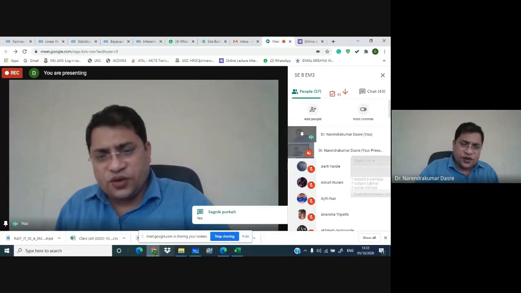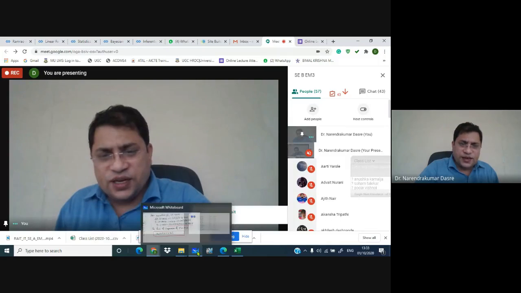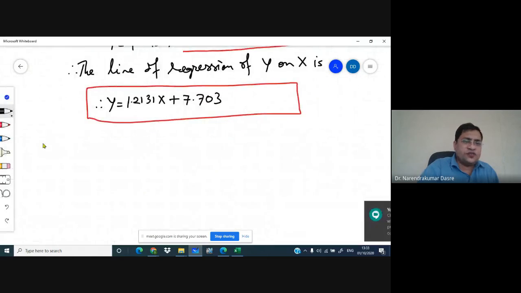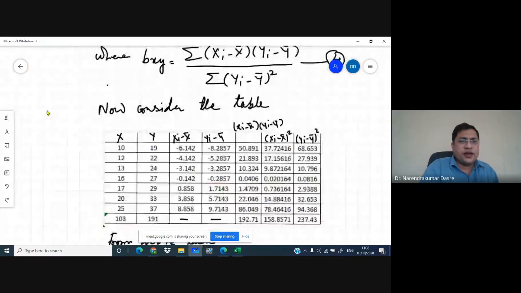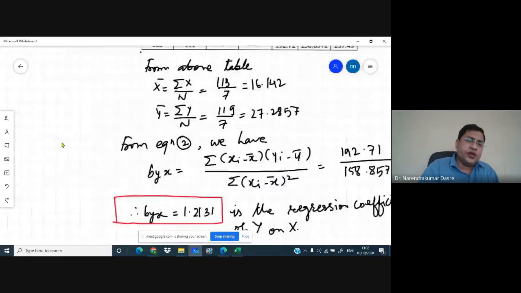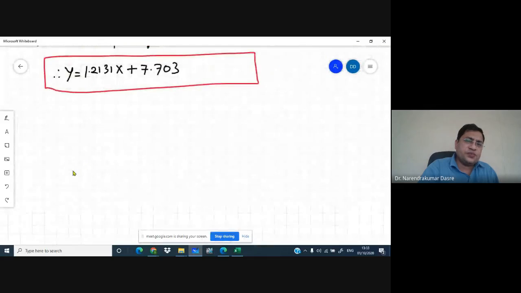Okay. So we got now the line of regression of y on x. Now we have to consider the line of regression of x on y. Okay, and again what we have to do is we have to find the value of y at 15.5. So here we have obtained a relation.